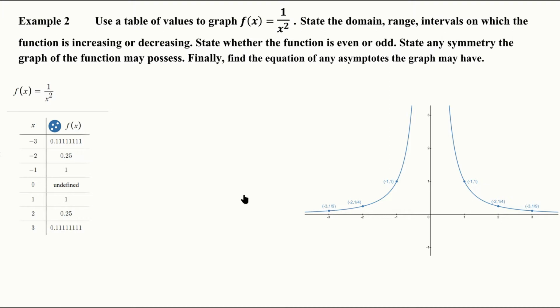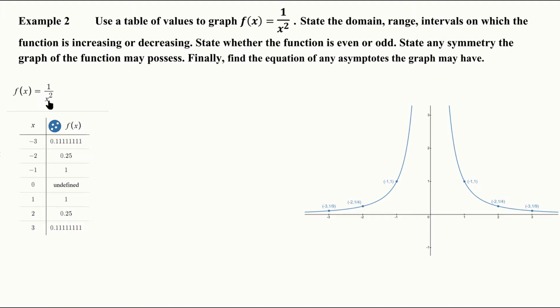Here's a table of values we could use to graph it, and notice we have points like -3, 1/9, which is the same as 0.111, actually 0.1 bar, and the 1 keeps going forever. Now, then we have -2, 1/4.